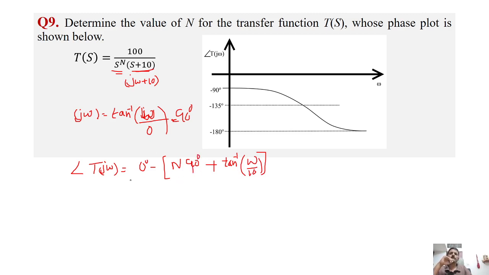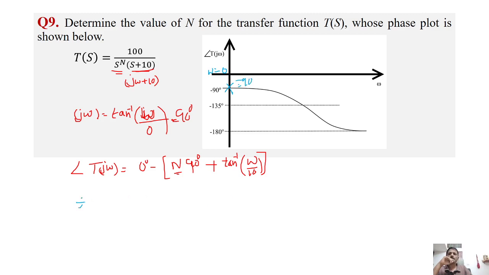So how to find the value of n here? From the response, at omega equal to 0, the angle of T(j omega) is not 90, but minus 90 degrees.